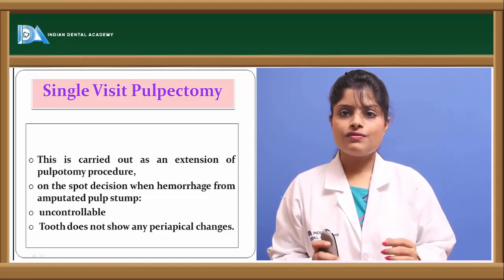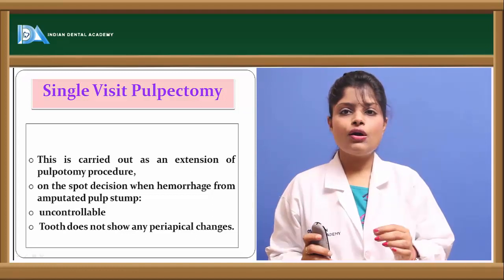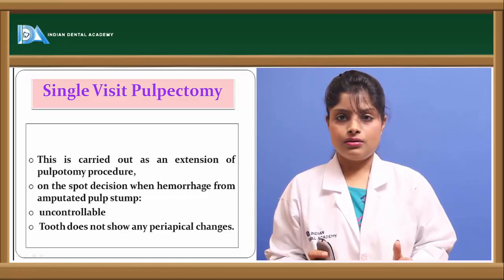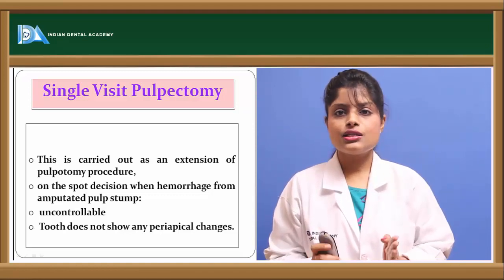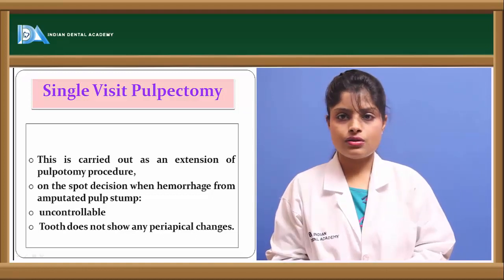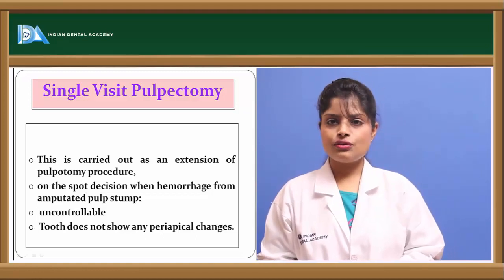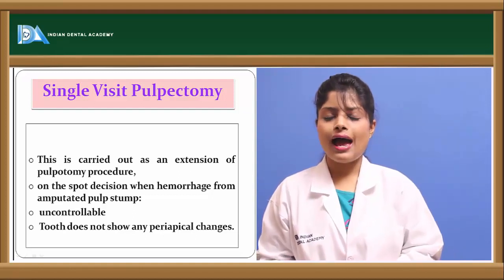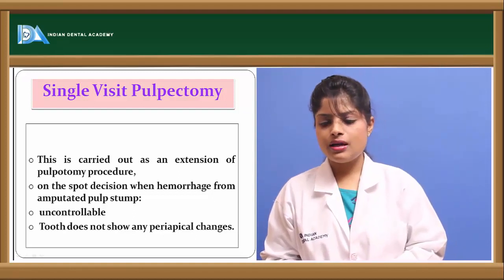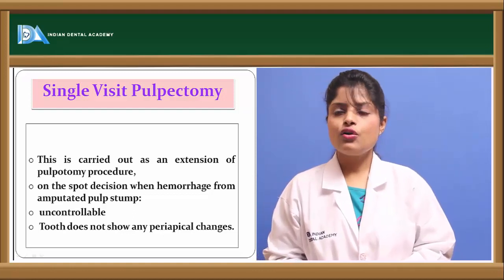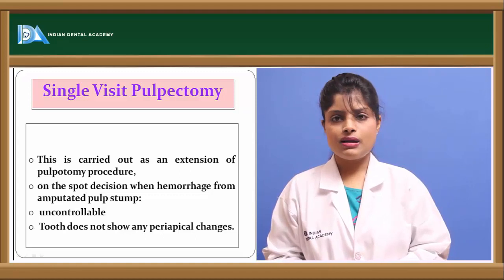If suppose we have decided to do pulpotomy on the tooth, but on opening the pulp chamber, a dentist is not able to cease the hemorrhage which is present, so on the spot decision for this is made. If hemorrhage from the amputated pulpal stump is uncontrollable, in such cases we go for single visit pulpectomy.